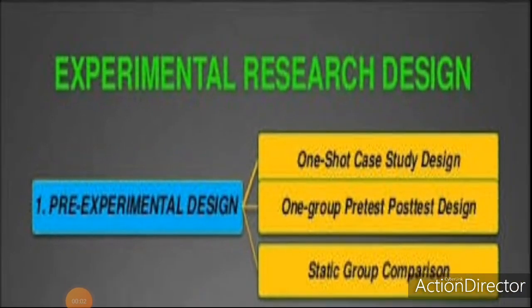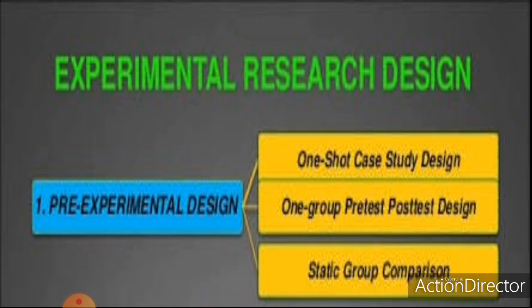So students, in this video we discussed the first important type of experimental research design, that is pre-experimental design. Pre-experimental design has three important classifications. They are one shot case study design, one group pre-test post-test design, and static group comparison design.